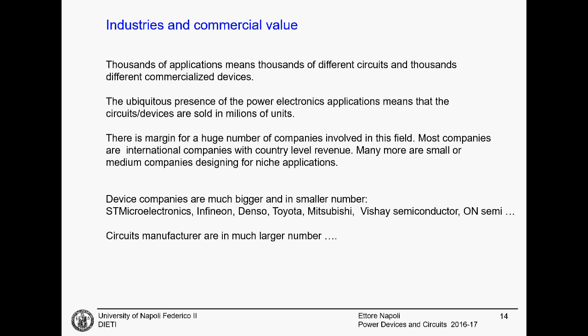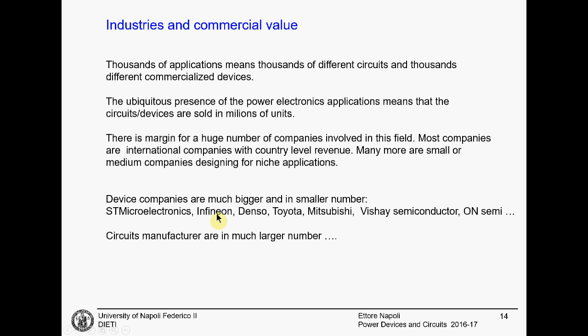There are not so many companies, but quite a few of them. I don't know if many of you know that ST Microelectronics is a producer of power semiconductor devices. I know it is much more famous for the accelerometers, the MEMS, or other circuits. But in Catania, actually, they also have a big fab, and they do design power devices.